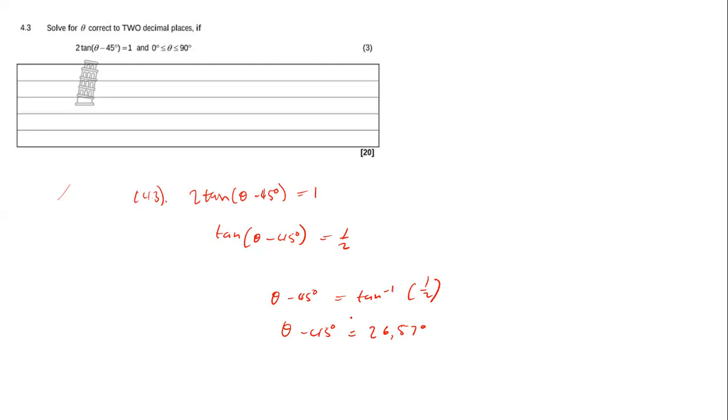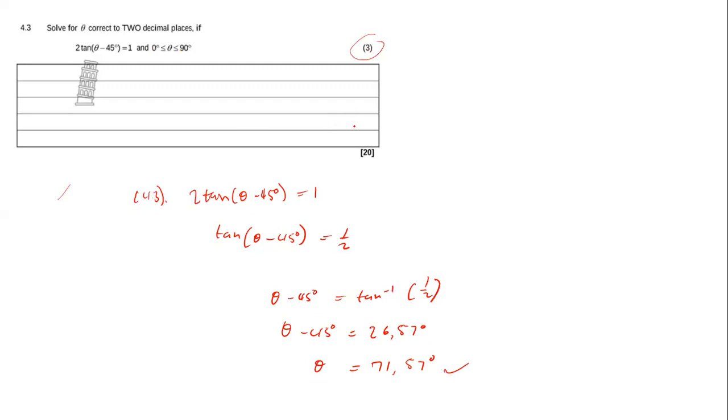And if I transpose 45 to the other side of the equation, I say plus 45, and then my answer will be 71.57 degrees. Therefore, you can see our theta is between 0 and 90 degrees. So this is the correct solution. Only for 3 marks, you are done.